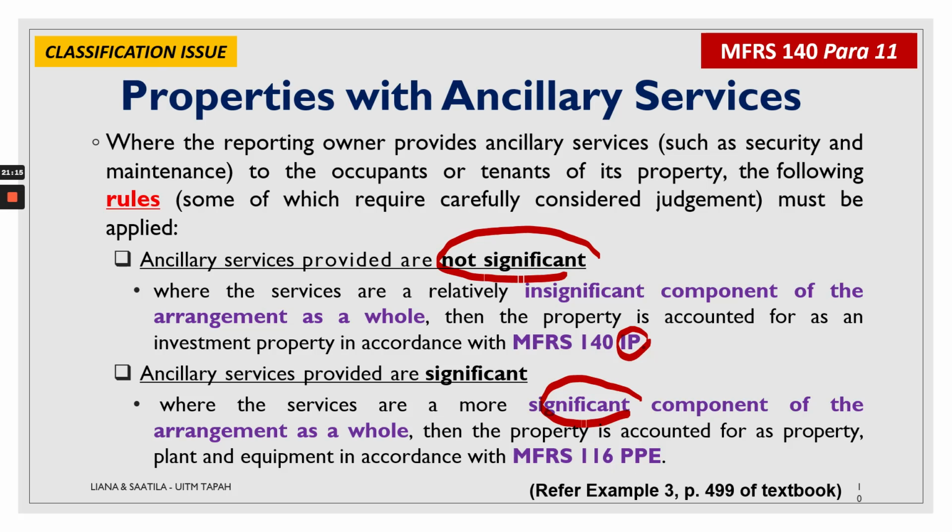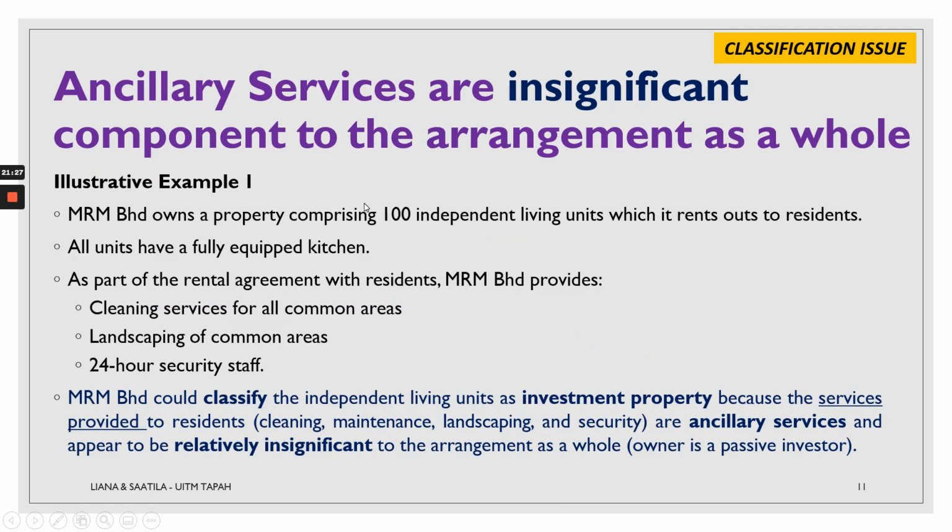A typical example is a managed hotel. Normally a hotel which is managed by the owner will be classified as PPE. So these are some examples to illustrate when ancillary services are insignificant to the arrangement as a whole.